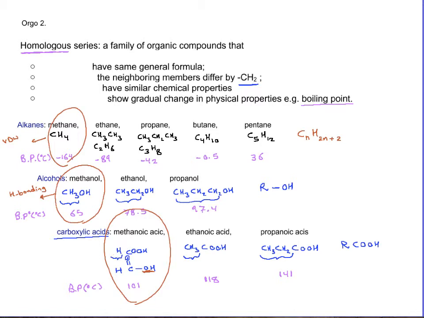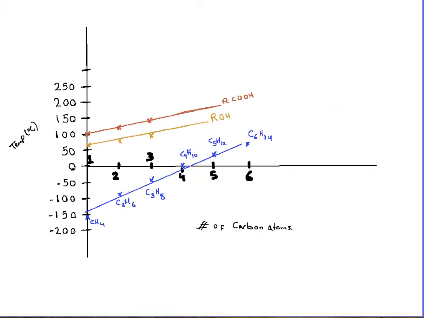Now, the last slide I'm going to show for this segment is a comparison of boiling points. This is the alkane group, and I have shown methane, CH4, ethane, propane, butane, pentane, and even hexane. You see pentane and hexane are becoming liquid.